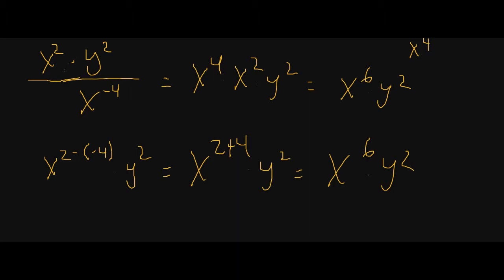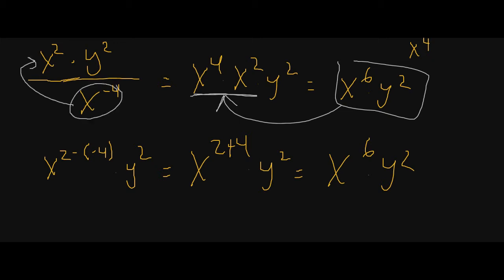So if you notice, even if we use the quotient property, 2 minus negative 4 is 2 plus 4, which gives x to the 6, which is exactly x to the 4th times x squared. So you can see that all we're doing is just taking this and flipping it and putting it on top. Hope this helps to understand the definition of negative exponent.